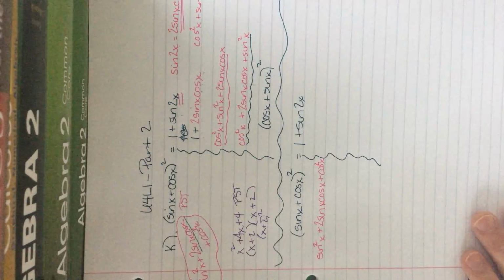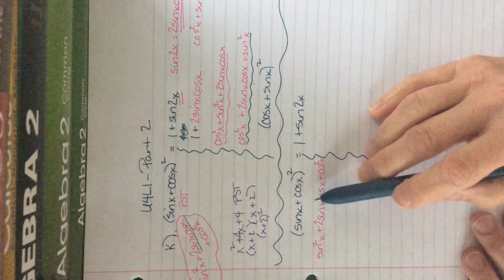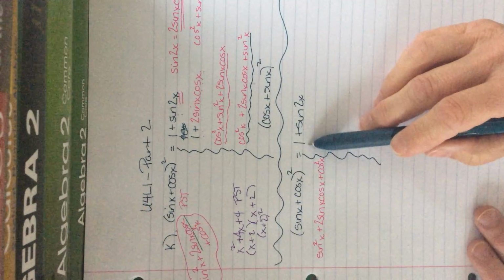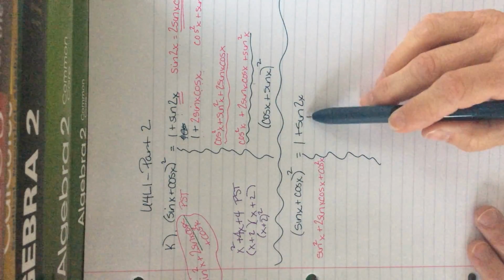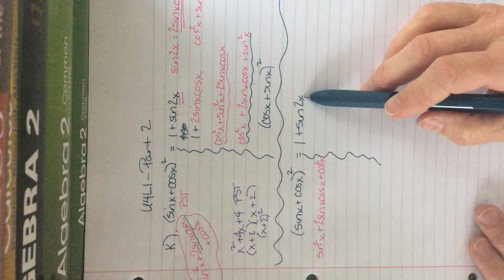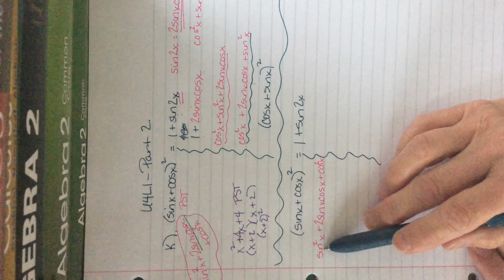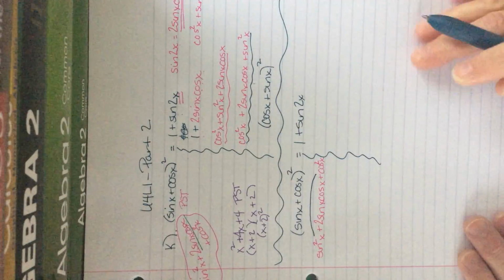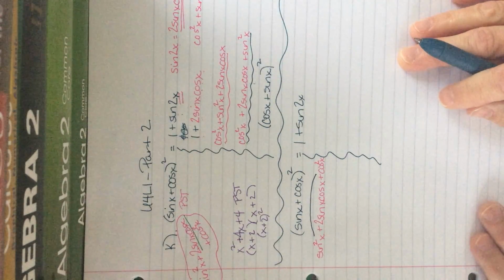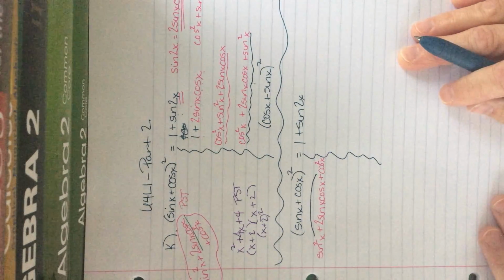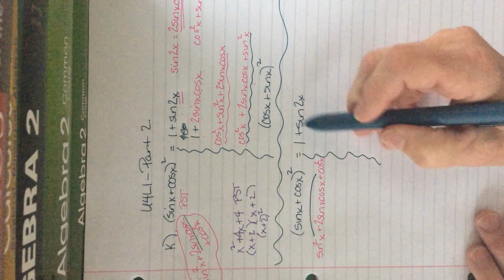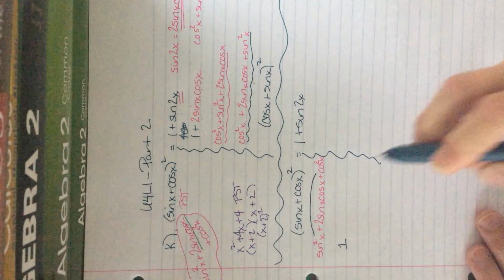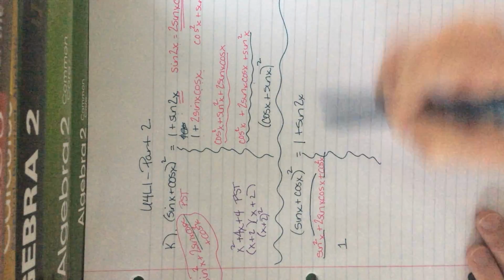And all the while, I'm watching what I have on the right, and I know that I'm trying to get all of this to turn out to be 1 plus sine of 2x. Well, if you notice your sine squared and your cosine squared, those two right there, sine squared x plus cosine squared x, can be replaced with 1, which is definitely something that I need. So I've dealt with this and this.